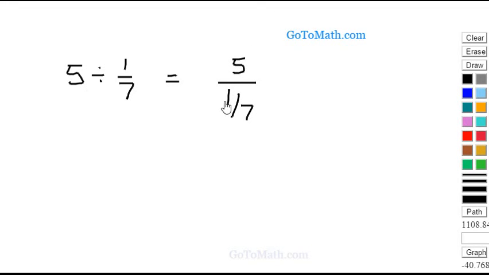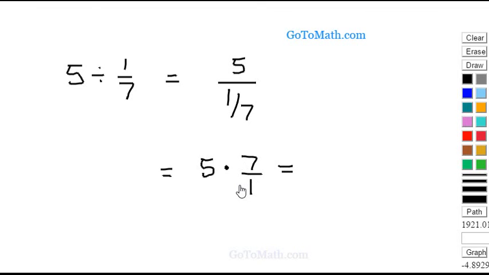Actually, we don't go to here, but it's something close. When we do this right here, what we're going to need to do is rewrite this as 5 times, and you flip this fraction right here, so this becomes 7 over 1.